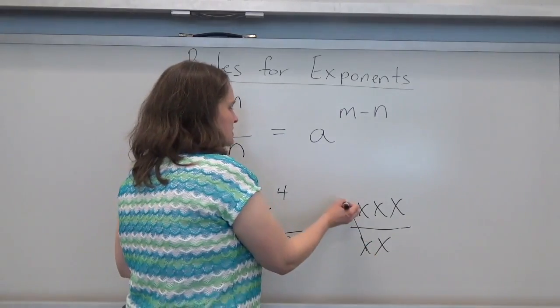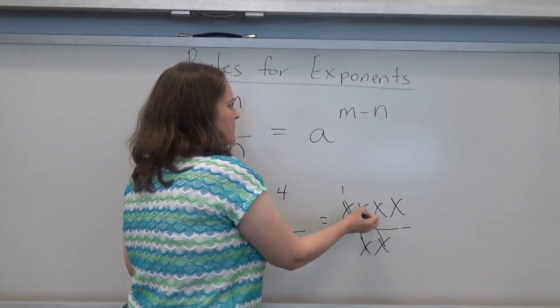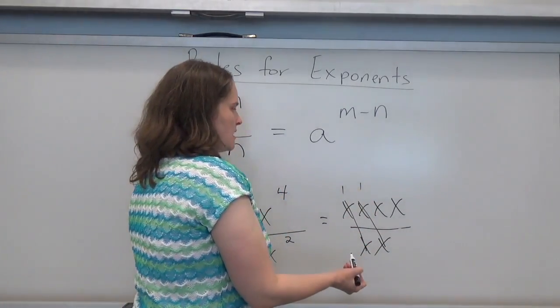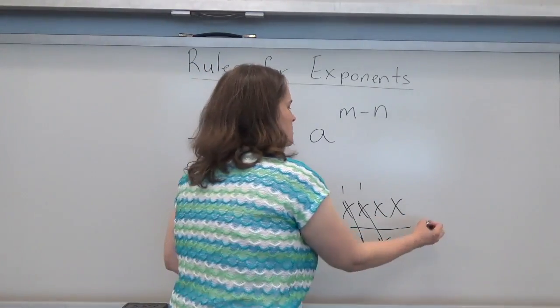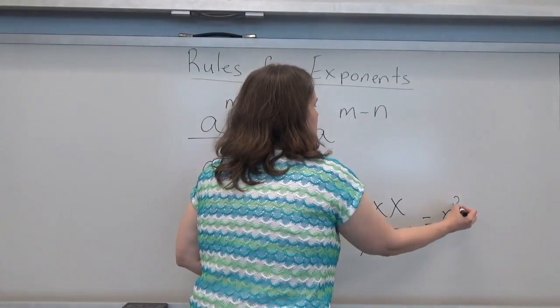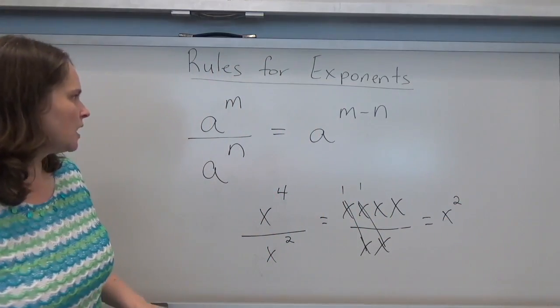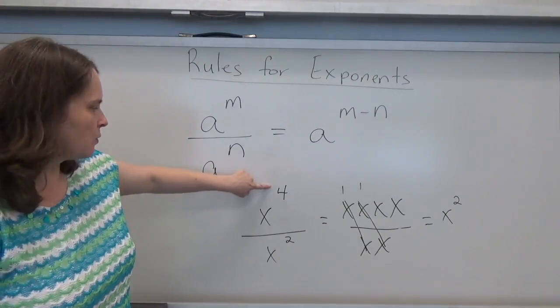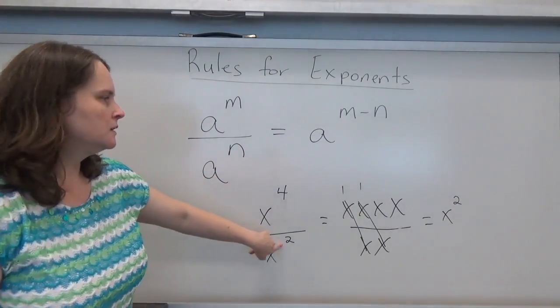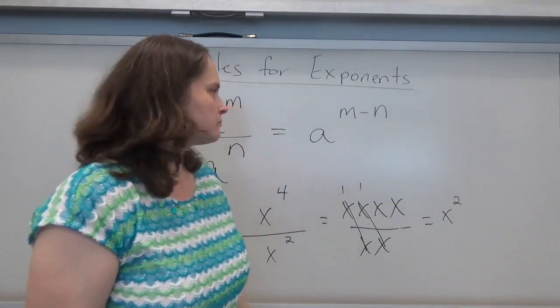So I can cross out this and get 1. I can cross out another pair of x's and get 1. And then I'm just left with x times x over, and I just have a 1 in the denominator. So x times x is x squared. And my shortcut, I get to just simply subtract the original 2 exponents. So doing x to the 4th minus 2 gives me x to the 2nd over here. Okay?